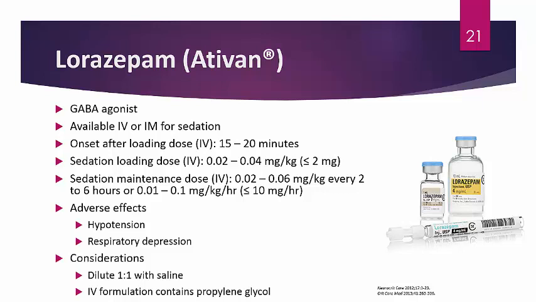Adverse effects of lorazepam and midazolam, the benzodiazepine class, as well as the opioid class, would be hypotension and respiratory depression. So it's important that if you're giving these agents continuously, you should probably have the patient on a mechanical ventilator.